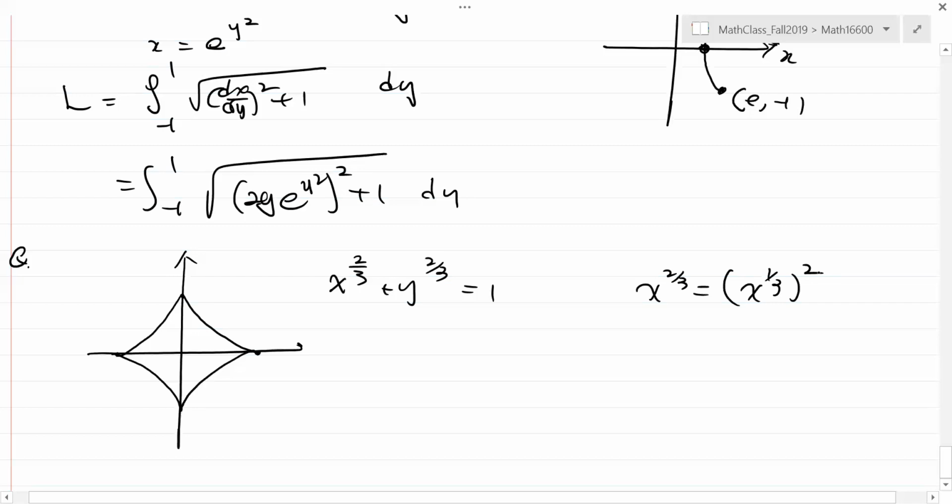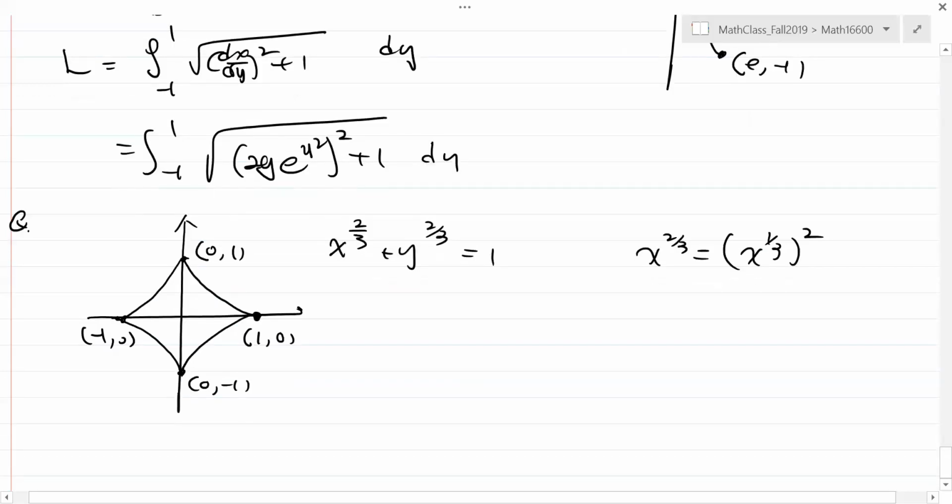So anyway, the picture is given. It's not a circle, right? When x equals 0, y is 1, when x equals 1, y is 0, and y also could be negative 1, right? So those 4 pieces are identical.